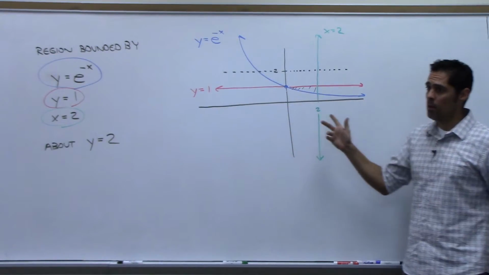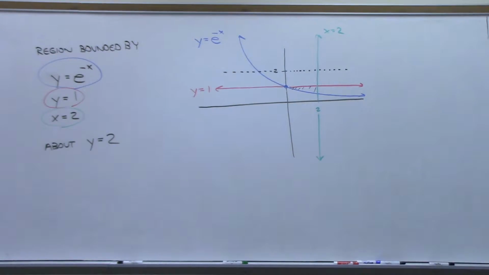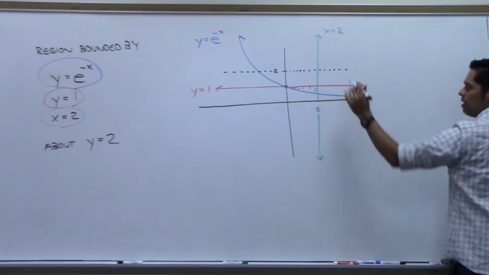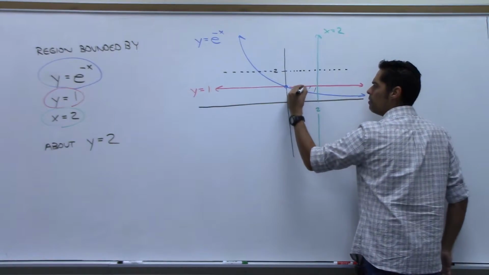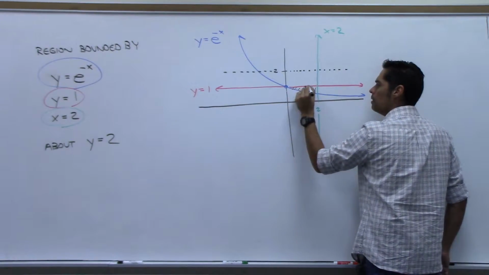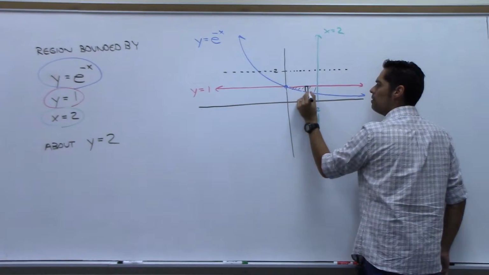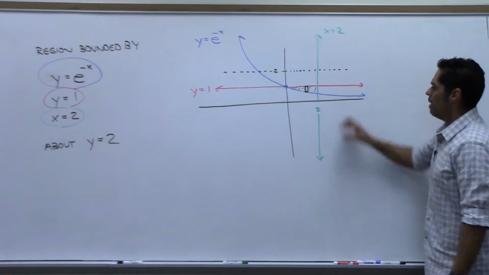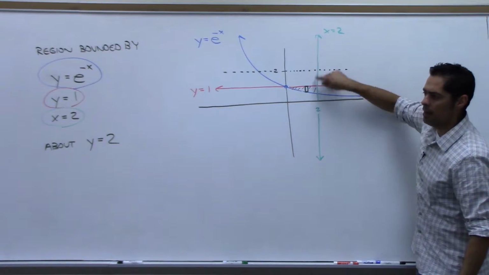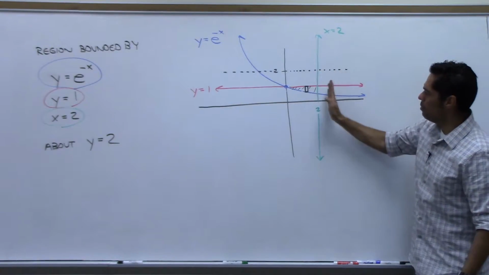That's different than what we've done, but the setup is all the same. Watch. I didn't draw my rectangle. I'm going to do a little vertical rectangle in here. I imagine taking that and wrapping it around, moving it left and right.